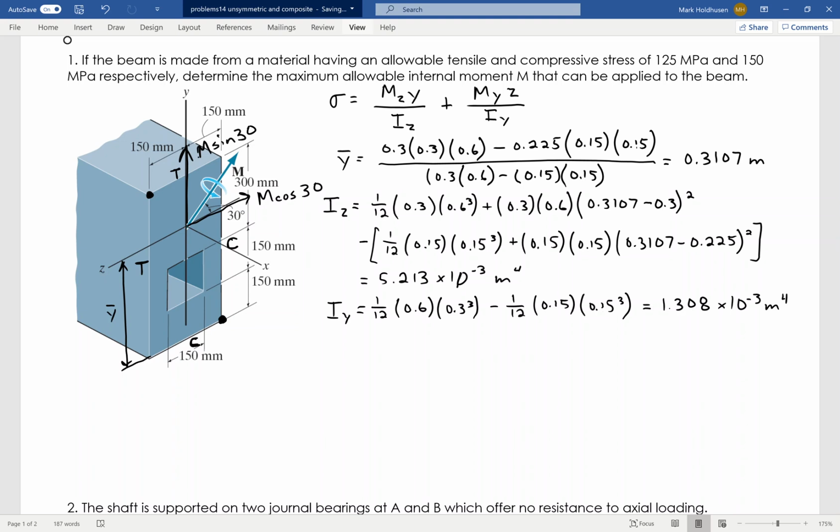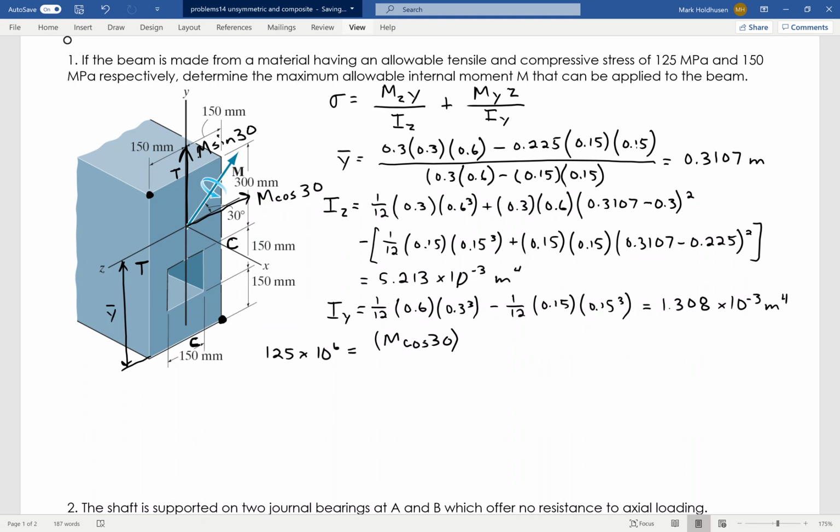Okay, so we'll go ahead and start with the tension. The tension is going to be in that upper left. The tension's allowable stress is 125 times 10 to the sixth, and that's going to equal the moment, where I'm going to start with about the z-axis, so that's M cosine of the angle, the moment about the z-axis, times the distance.